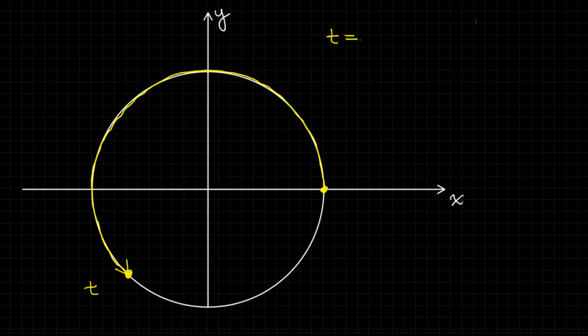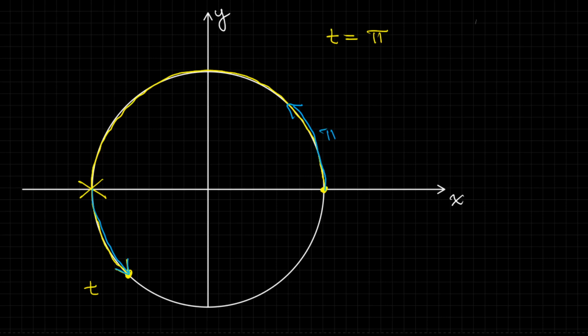So t equals, and the way that I'll figure this out is I'm going to break this angle, this distance that I traveled, into pieces. So first I went halfway around the circle and I landed here. That's a distance of pi. And then I went halfway from pi to 3 pi over 2. Now, if you go halfway, that is the same distance as if you went halfway from 0 to pi over 2.